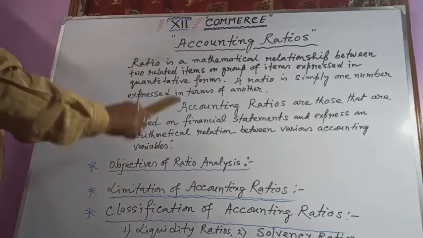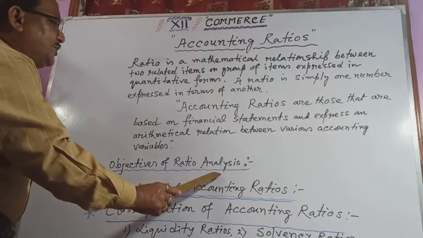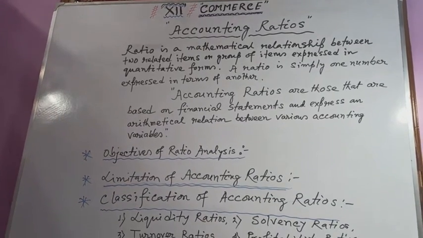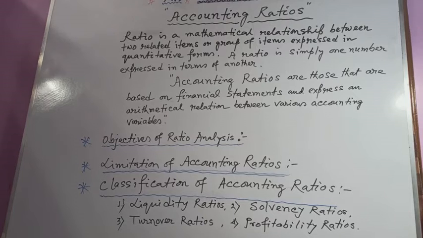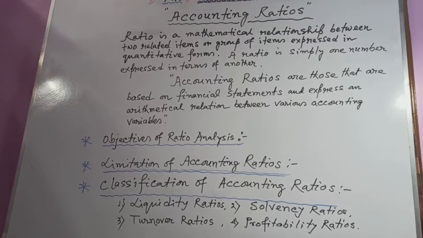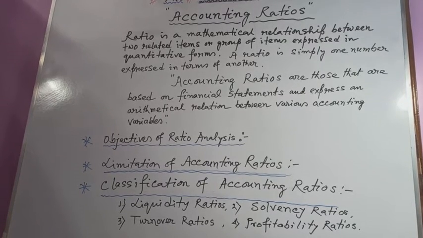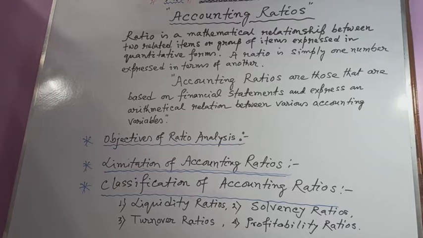Now there again, theory portions. What are the objectives of ratio analysis? Now the objectives of ratio analysis may be divided into three. There are so many types of accounting ratio, okay. First, the main objectives. Number one, identify the problem areas.